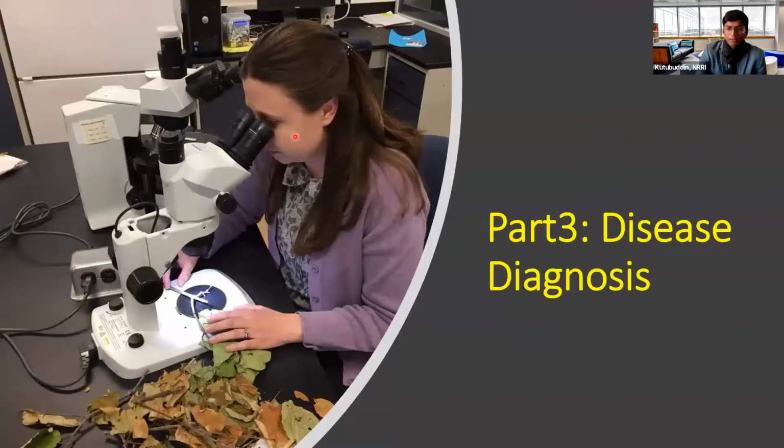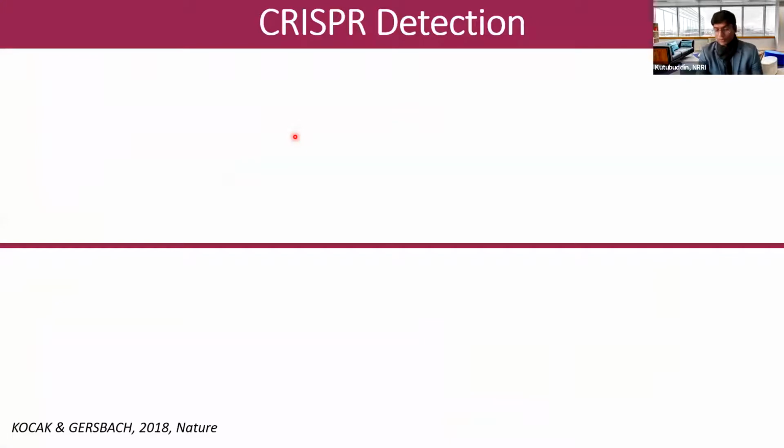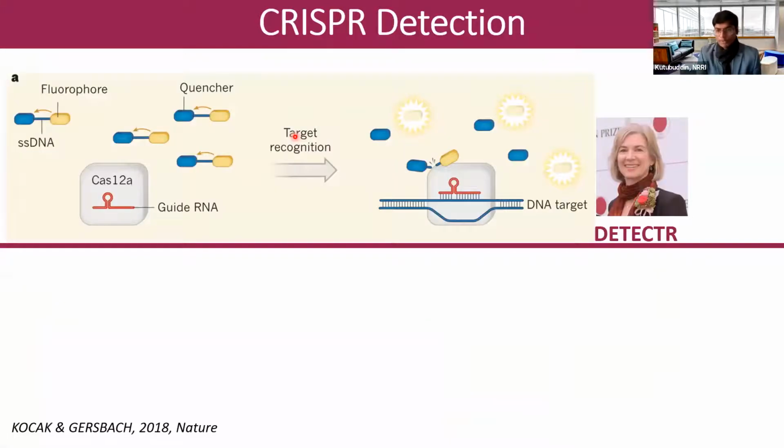Okay. Now coming to the third part of my presentation, this is disease diagnosis. Disease diagnosis is also an emerging area where CRISPR is being used. This is Jennifer Doudna, who got the Nobel Prize this year. Cas12 is another kind of protein, an orthologous Cas protein, and it has a unique property.